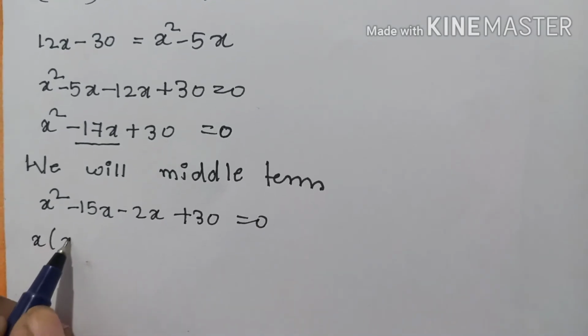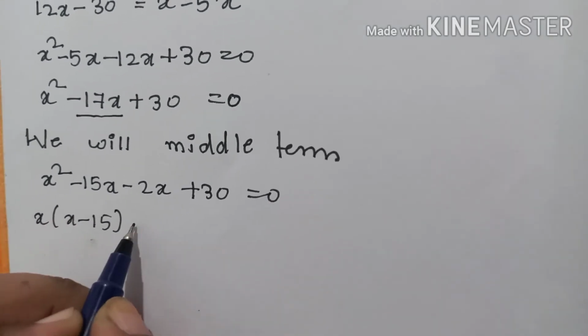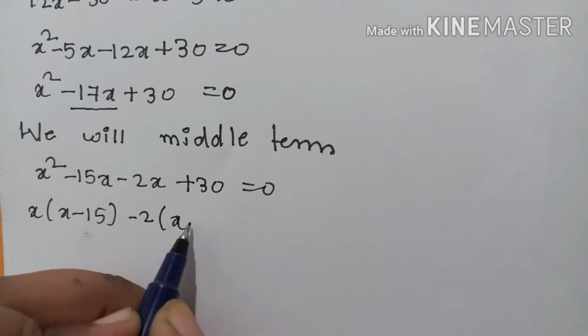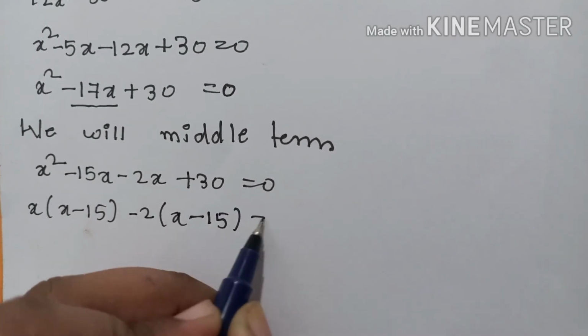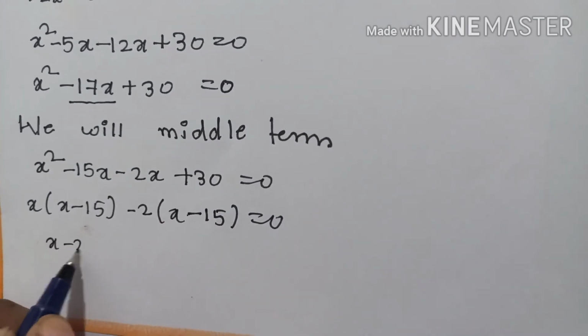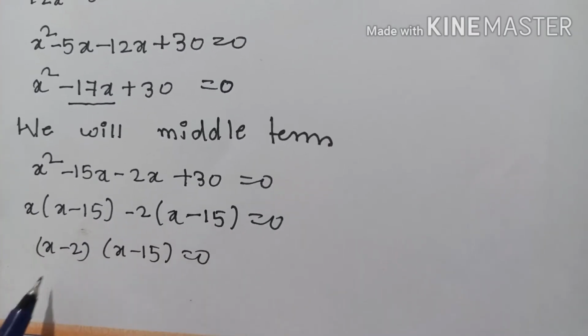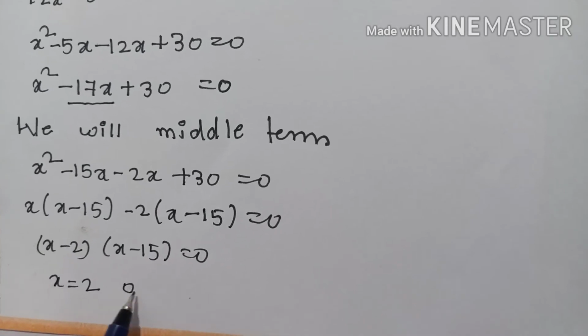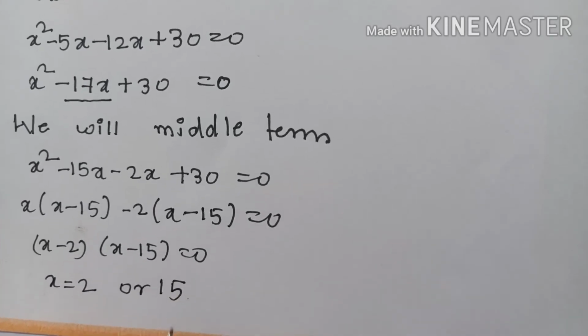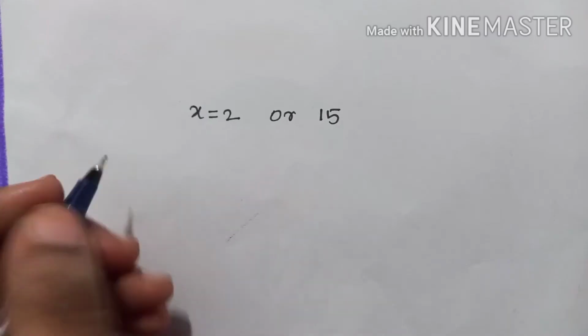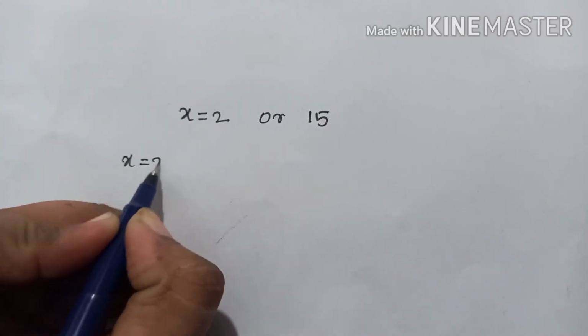Taking x common, x minus 15, and here minus 2 common, x minus 15. Now we have got the two values x minus 2 and x minus 15, so x may be 2 or x may be 15. Now we will decide which we are going to consider. Now x is equal to 2.